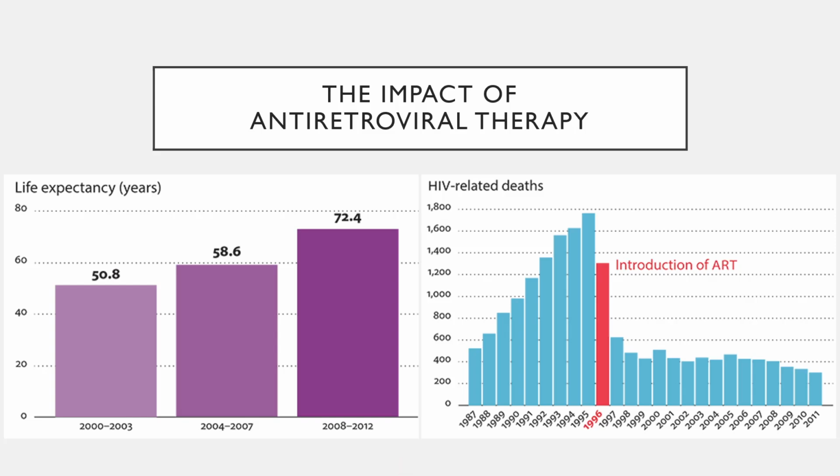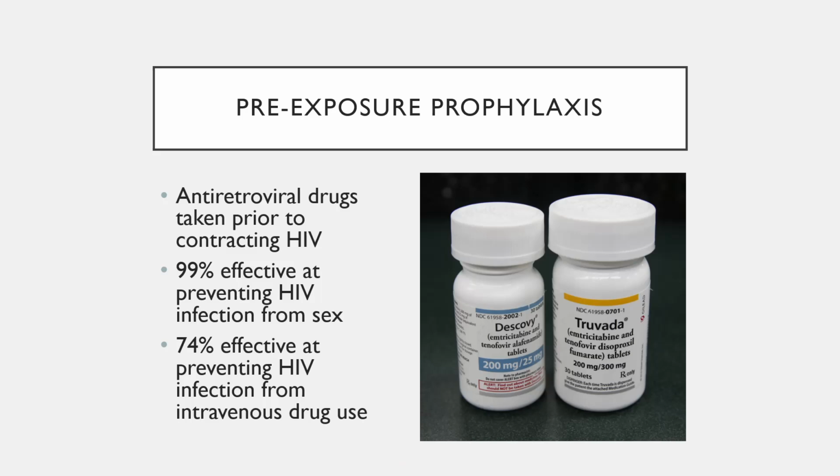There is also an increase in the use of pre-exposure prophylaxis, or in other words, PrEP as it is abbreviated, for preventing HIV infections. This involves taking antiretroviral drugs proactively before contracting HIV if you know that you are in a position to potentially catch HIV.